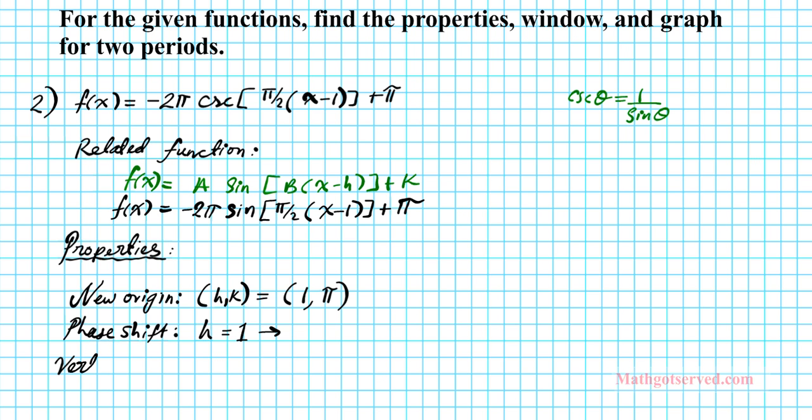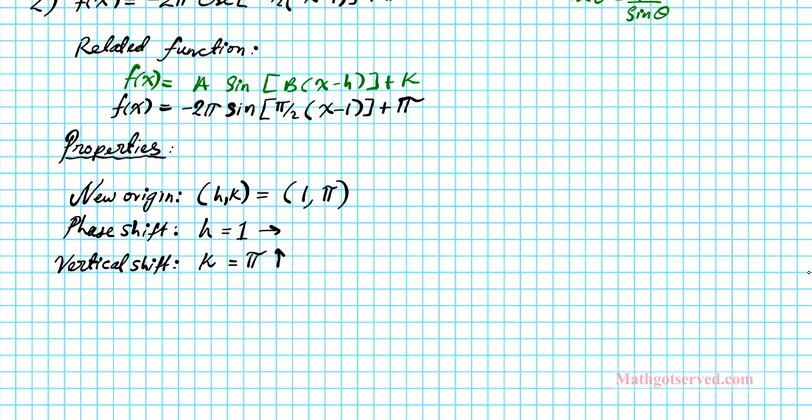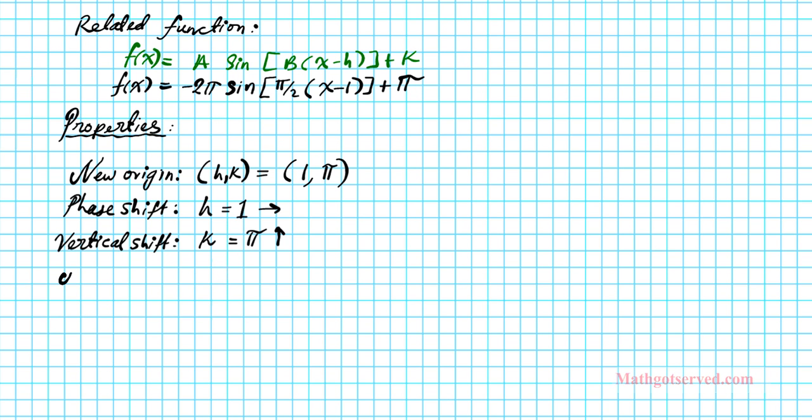Next is the vertical shift. Vertical shift is the movement along the y-axis, and that's determined by k. Our k is pi. Since it's positive, that means we're going to be going upwards. Next thing we need to find is the amplitude. The amplitude can be determined by computing the absolute value of a.